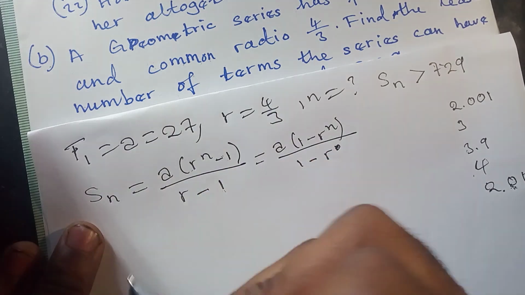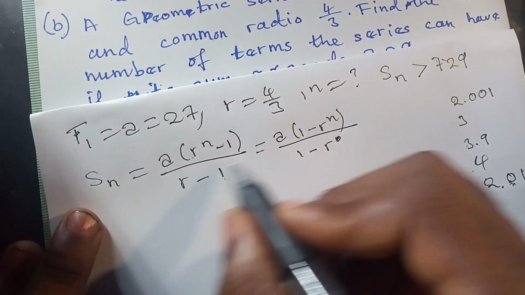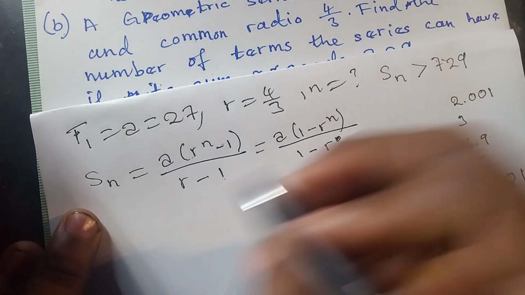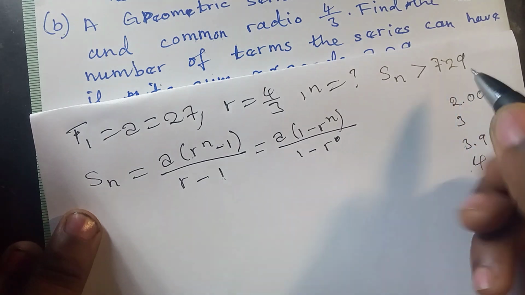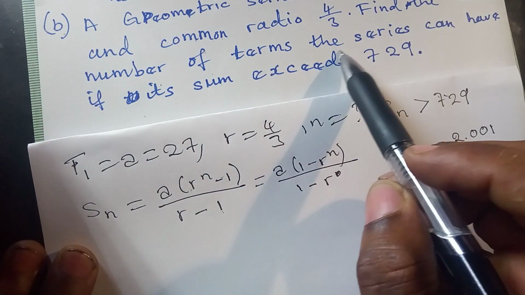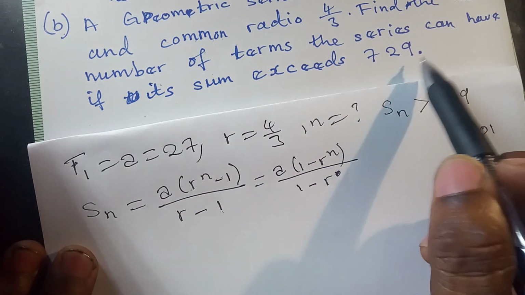So remember that we have this situation here. Whatever this is, it must be greater than 720. So find the least number of terms the series can have if its sum exceeds this.